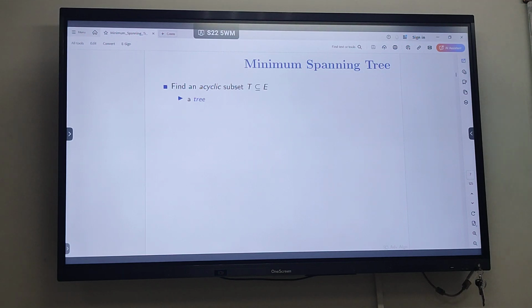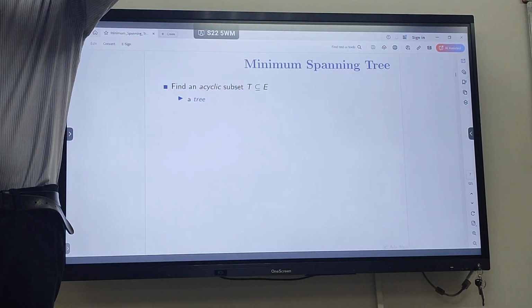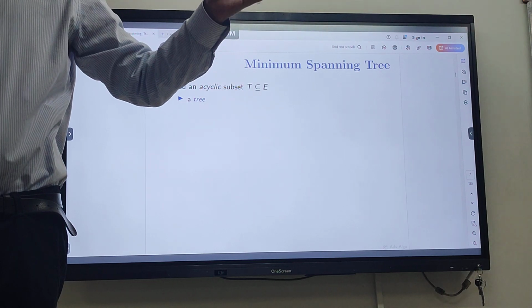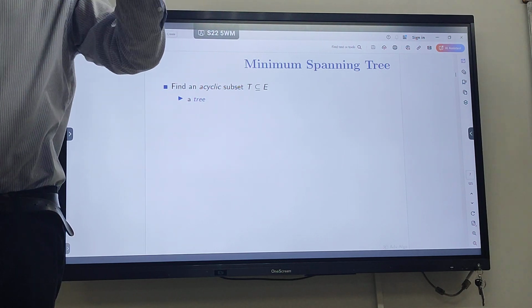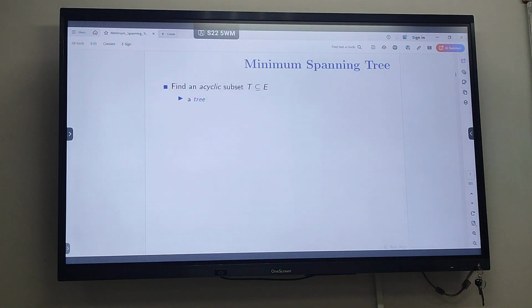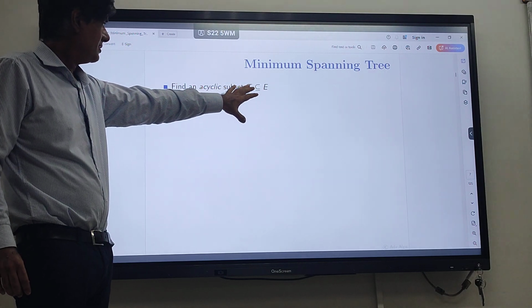So a minimum spanning tree is then a special type of spanning tree. Okay? It's a tree, it's also a spanning tree, but it's a special type of spanning tree. So first of all, it's an acyclic subset.